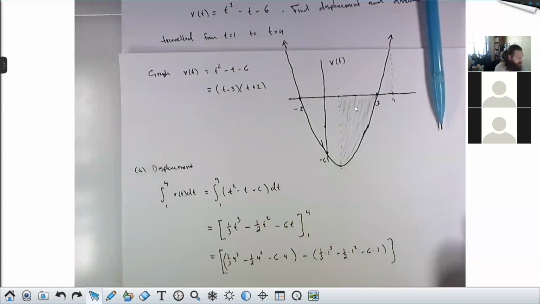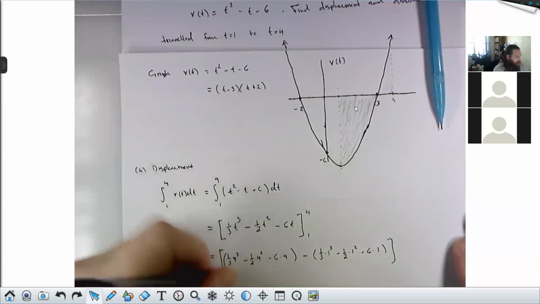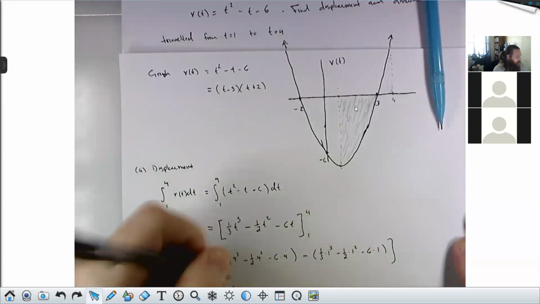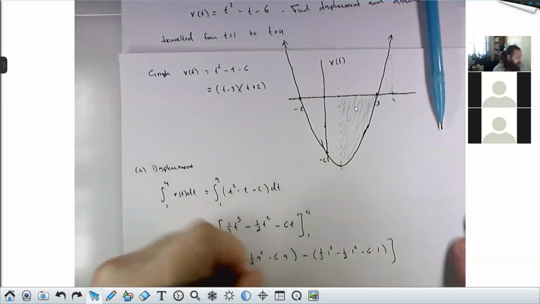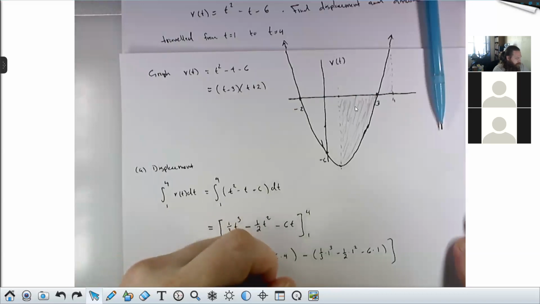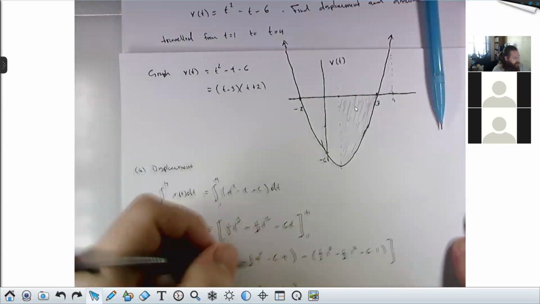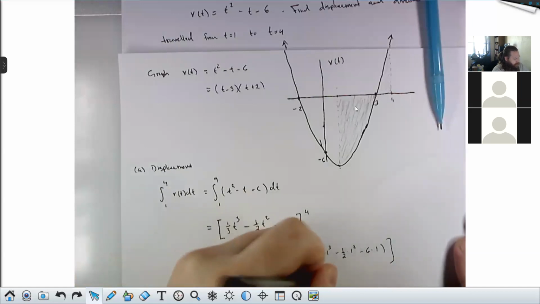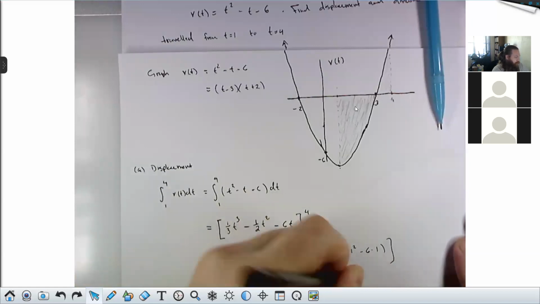Four cubed is 64. So this is 64/3 minus 4 squared is 16, 16 halves, minus 6 times 4 is 24. And then this is 1/3 minus 1/2 minus 6.